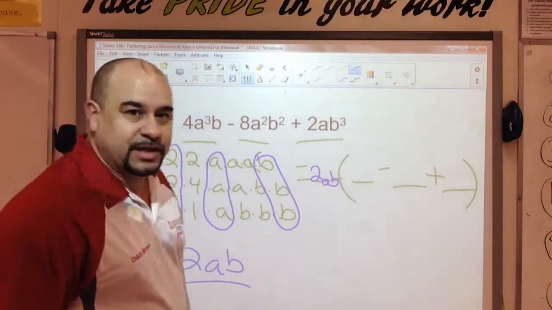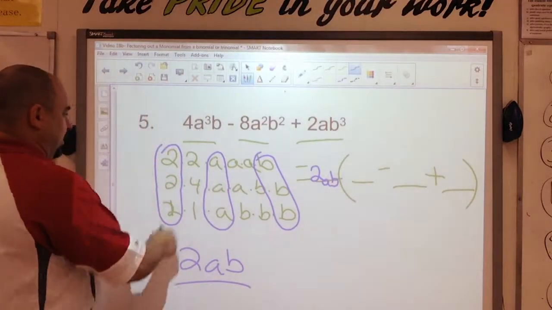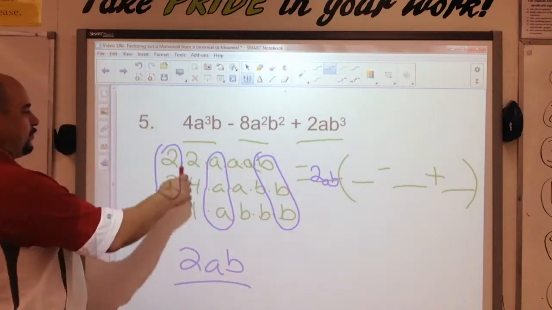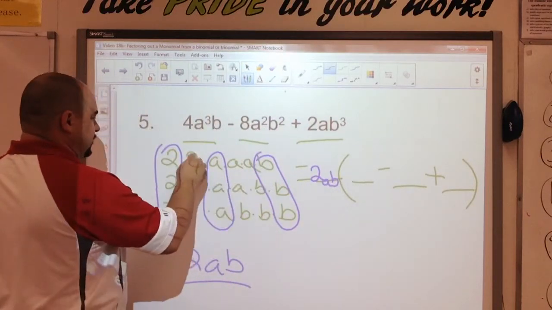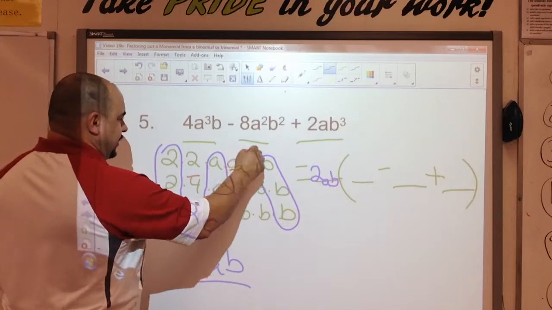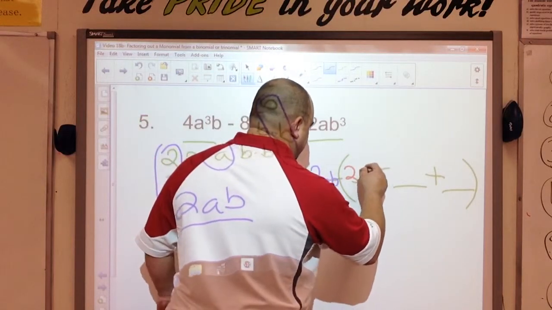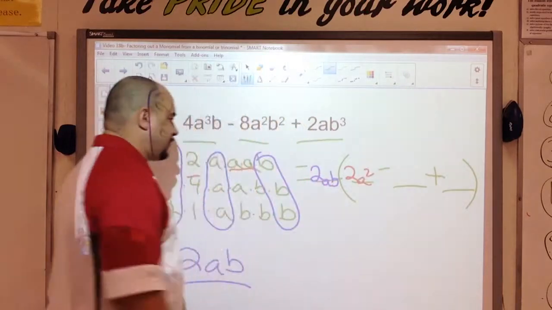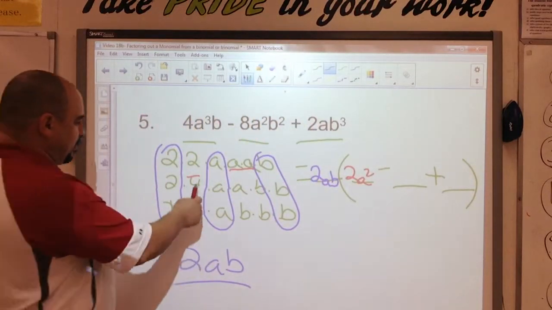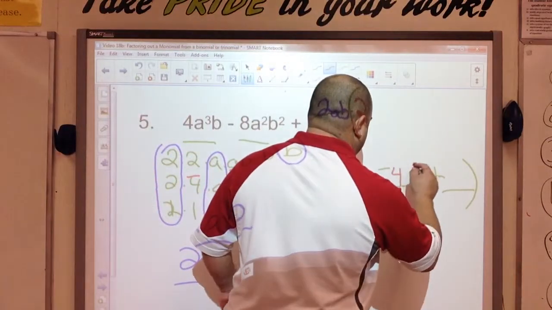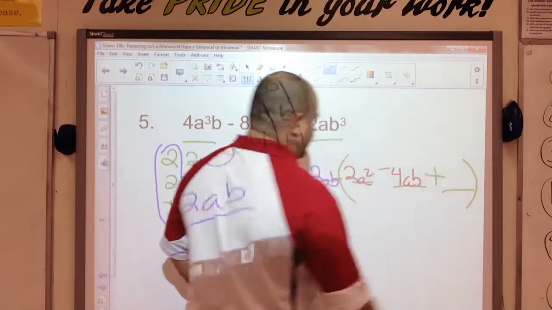Sorry, my board is a little out of line. Now let's look at what's left over. From the first term, looks like we have a 2 and a 2a, so that'll be 2a squared. And my middle term, I have a 4 and an a and a b, so I have a 4ab.